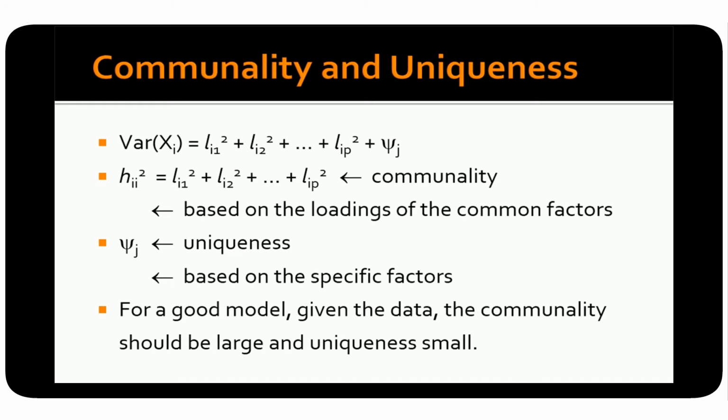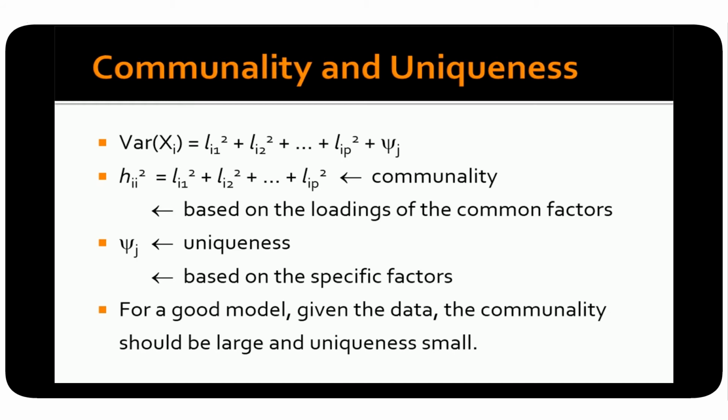So, one part of the variance of x is explained together by the different common factors, and hence we say that it is the communality, and the other is a unique factor given by the specific factor corresponding to the given variable. So, it is only unique to the particular variable we are concerned with.